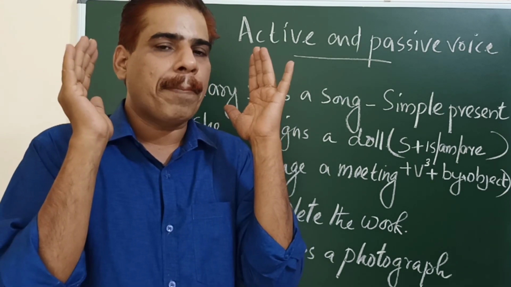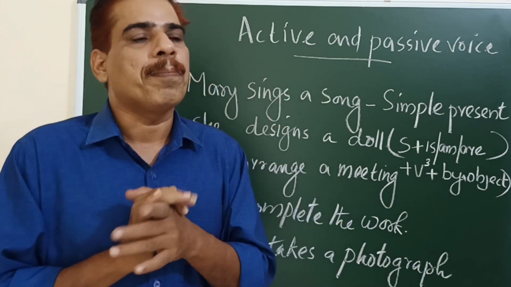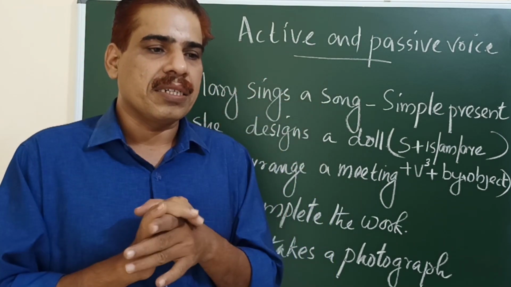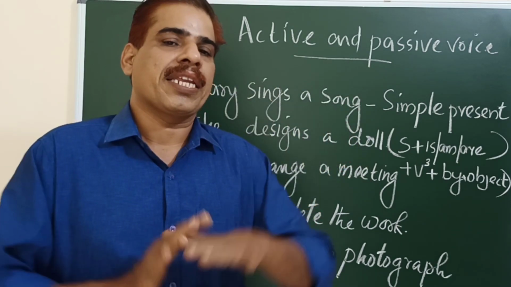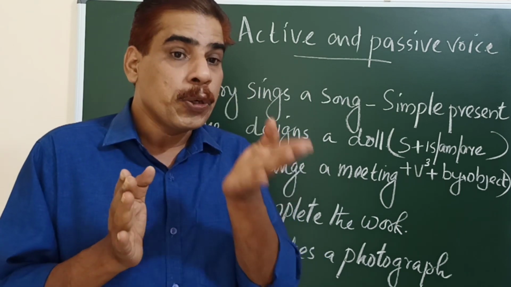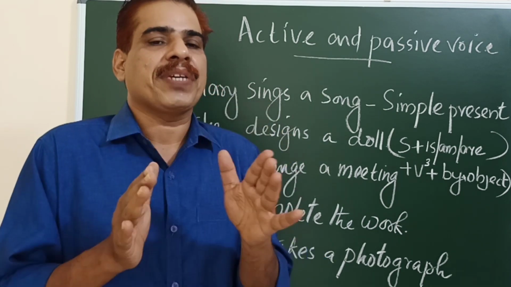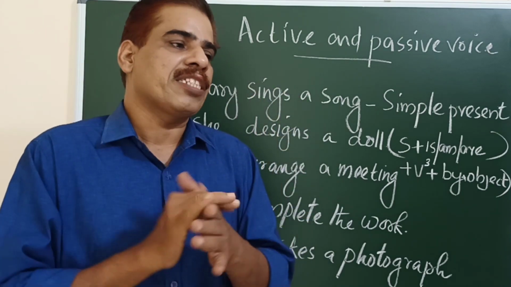But in the passive voice, it tells us something that is done to a person or a thing. There, the subject is not the doer of the action; it's a recipient, a receiver, not a doer. That's the main difference.